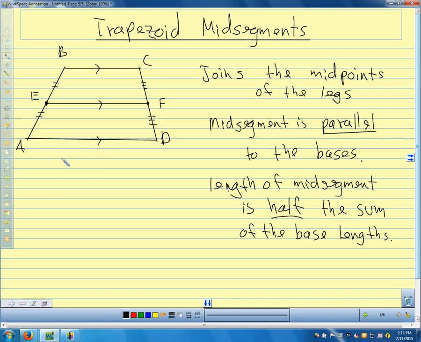So if we were to write symbols, we would say segment BC is parallel to segment EF, the mid-segment there, which is parallel to segment AD. And we would say that EF, the length of EF, is the length of the bases added together, BC plus AD, divided by 2. So I add the bases together and then divide by 2. And here we're saying EF is the mid-segment.